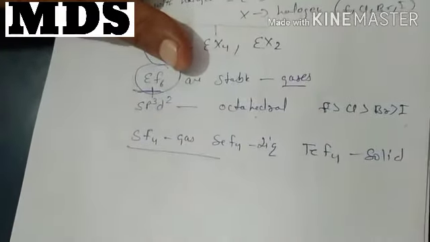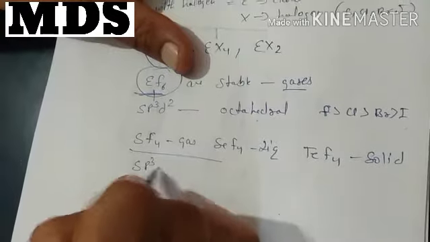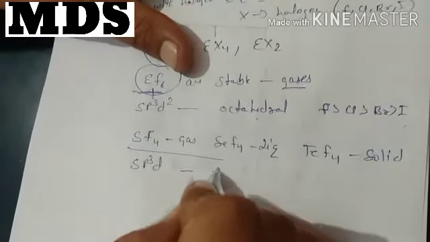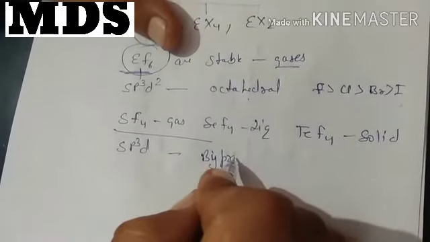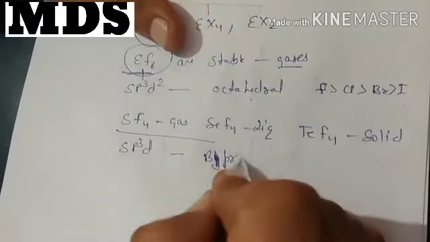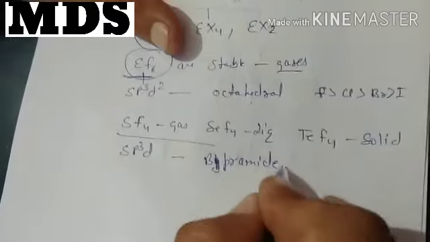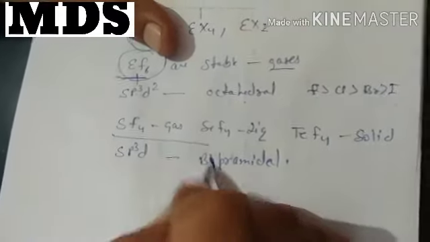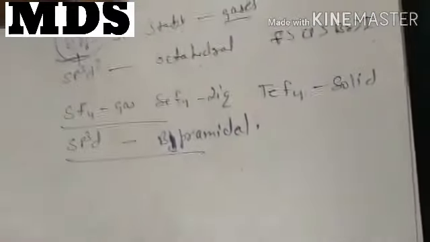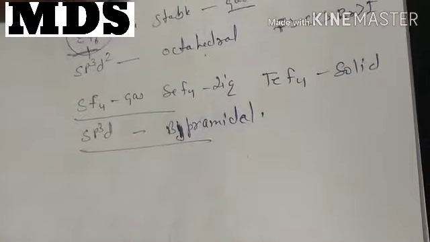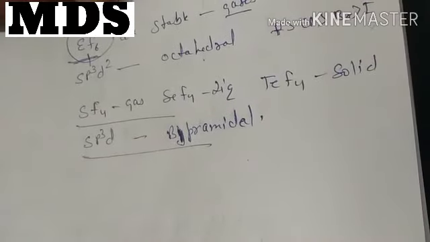In hybridization, they show sp3d hybridization, and the structure is bipyramidal. Bi means two, so two pyramids will form a bipyramidal structure. These possess this structure particularly.